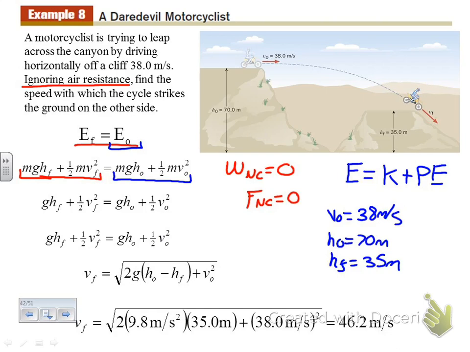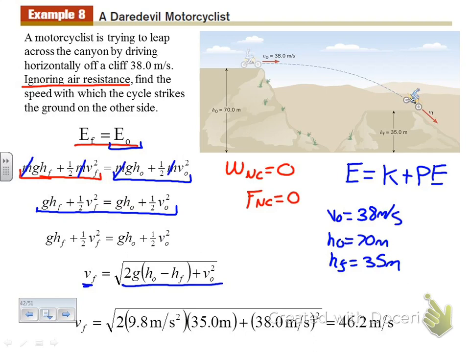Now, we're not given the mass, but that doesn't matter because when we set up our equation, we can cancel all the mass. We end up here. From there, we can rearrange our equation to solve for VF, and then plug in our values.